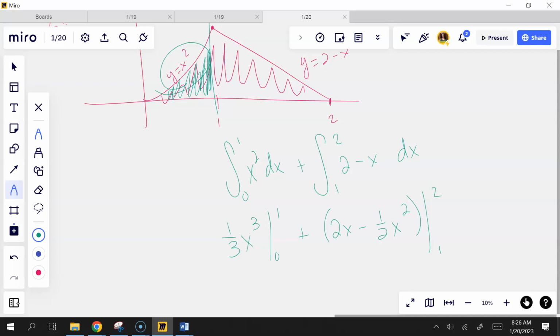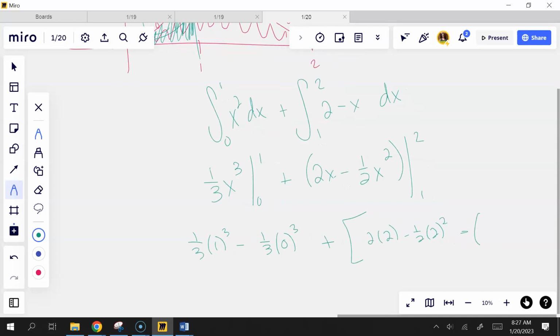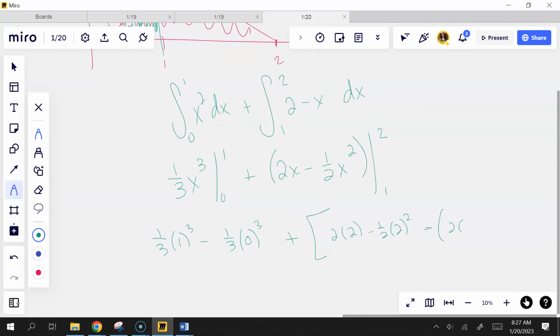Y'all good there? And then plug it in and subtract. So I'm going to do 1 minus the 0, plus, and then I'm going to plug in 2 and I'm going to subtract, plugging in the 1.